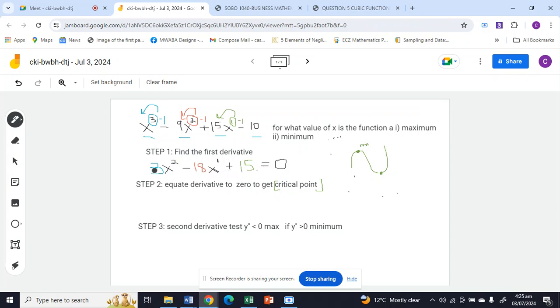If you divide 3x squared by 3, you remain with x squared, minus 18x divided by 3, you remain with 6x.